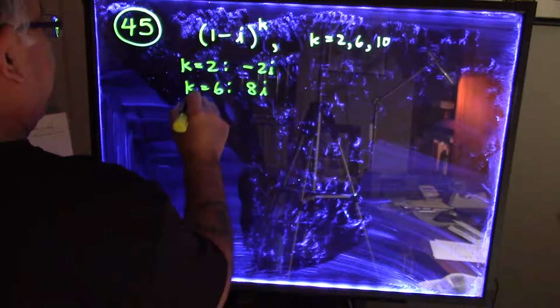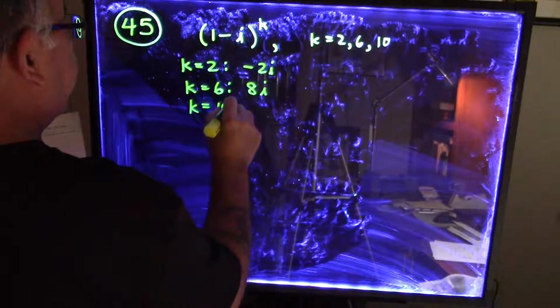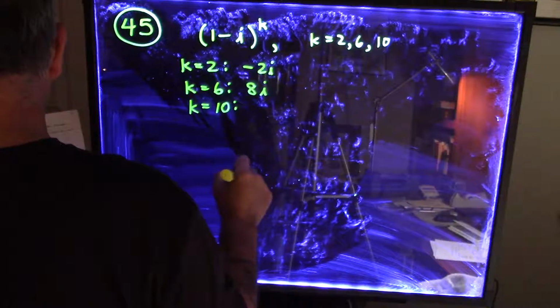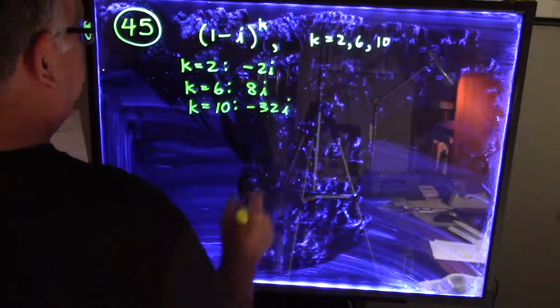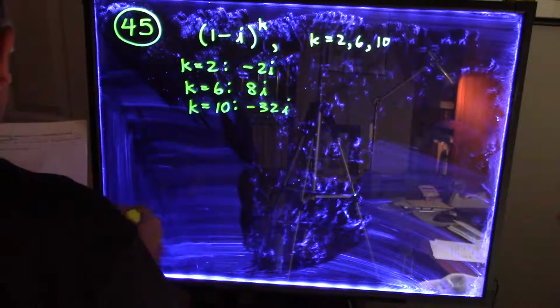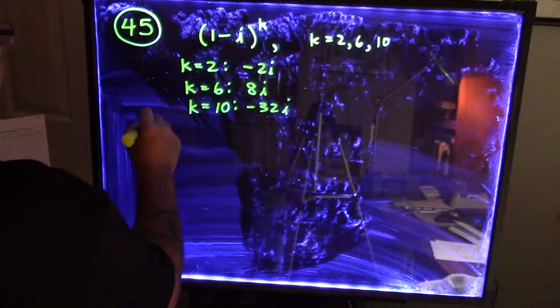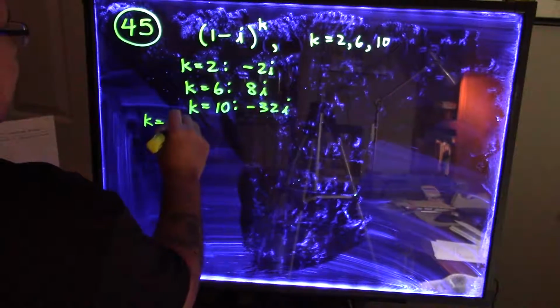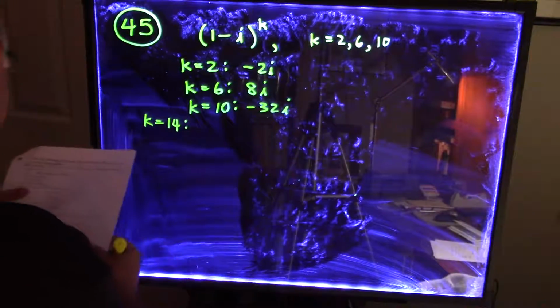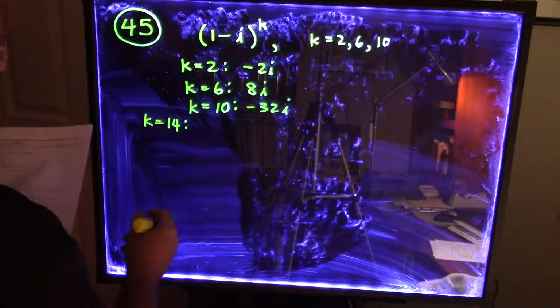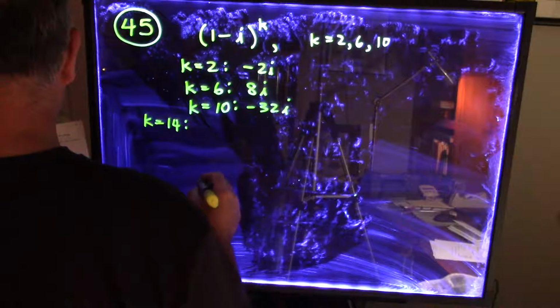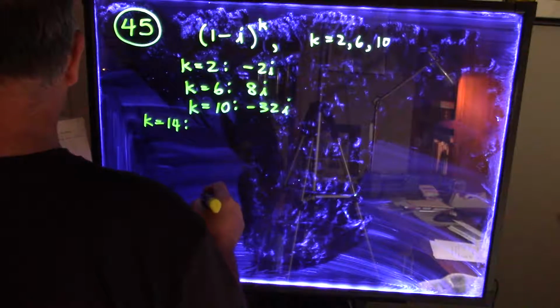And if k equals 10, you should get -32i. Now if k equals 14, let's see if we can do this by hand, shall we? It's easy enough to do on your calculator, I know, but let's try this one by hand.